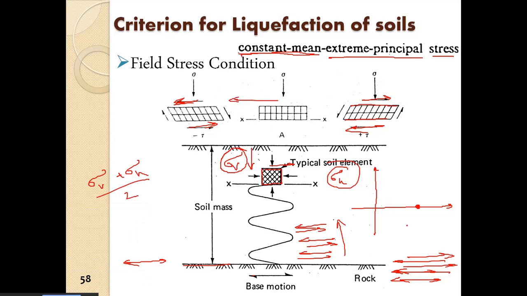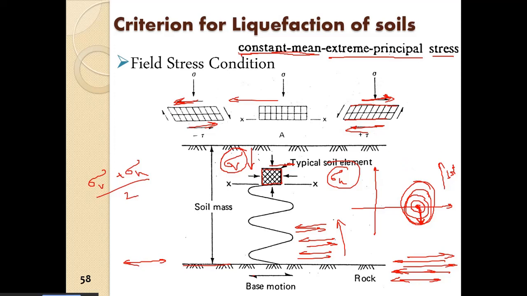Now the directions will change: the inclination of the planes will change and the shear will be in the other direction. But if we plot the Mohr circle, it will again increase in the same manner. The shear which was in the upward direction in the first cycle will be in the downward direction in the second cycle.